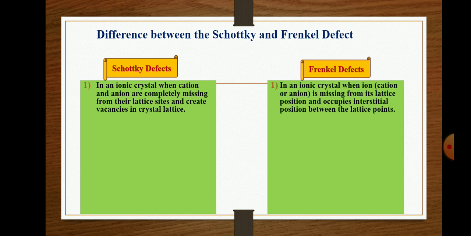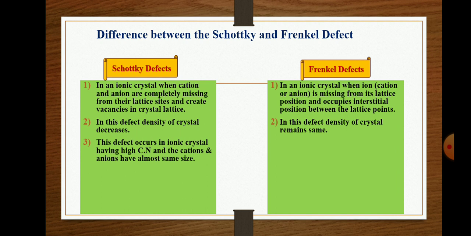What about the Frenkel? In an ionic crystal, an ion, it may be cation or anion, is missing from its lattice position and occupies interstitial position between the lattice points. In Schottky defects, density of crystal decreases. In Frenkel defects, density of crystal remains the same.